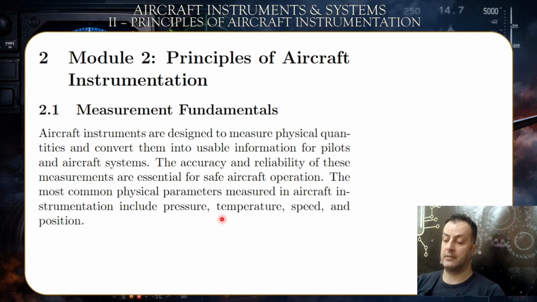vertical speed indicator, and the airspeed. So these instruments can measure that, can evaluate that, and display it in a readable format to pilots based on these measurements of the pressure. Because through the difference of pressure alone, we cannot understand at which height I am.